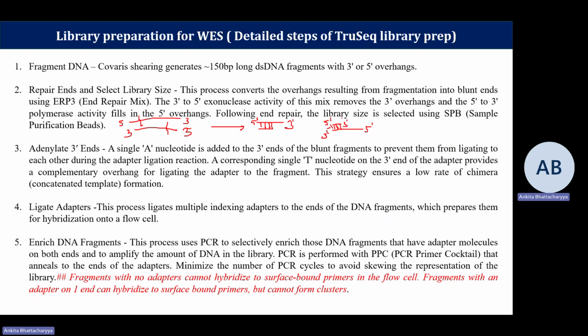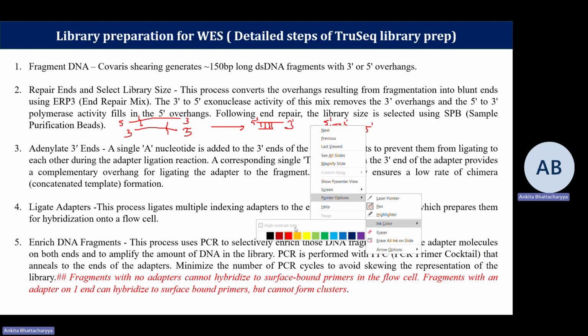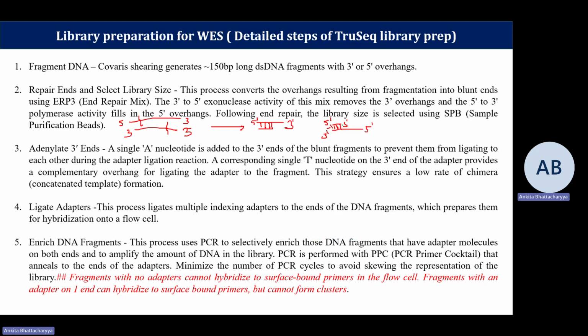Now, from this available 3' OH, what a polymerase can effectively end up doing is that it can synthesize this region and fill in these gaps, finally generating a complete double-stranded blunt DNA end.